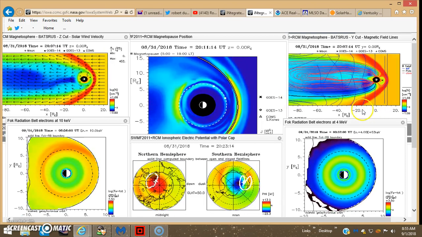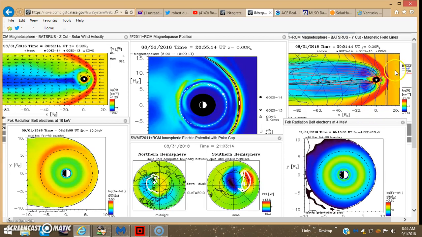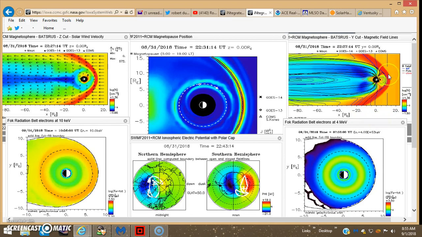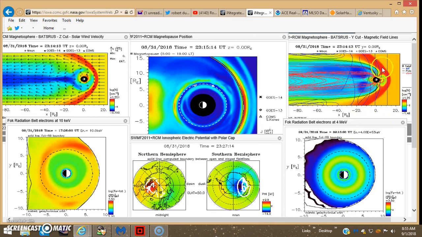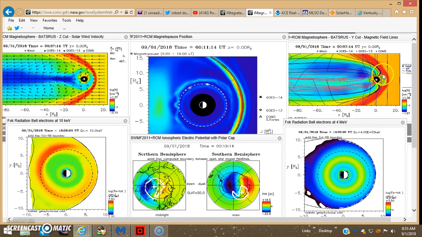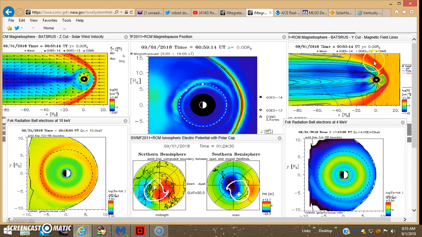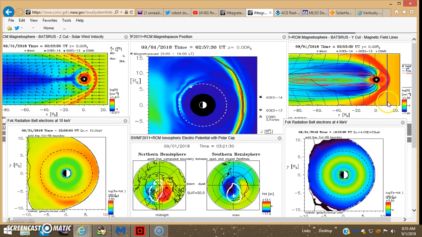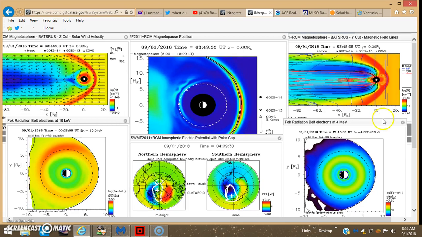And by the same token, some of these interplanetary magnetic field lines from Nemesis might be coming around the front of our planet, because we got a whole bunch of them stacking up here. So they got to be coming from somewhere, and it's not coming from the sun. So it has to be coming from Nemesis.